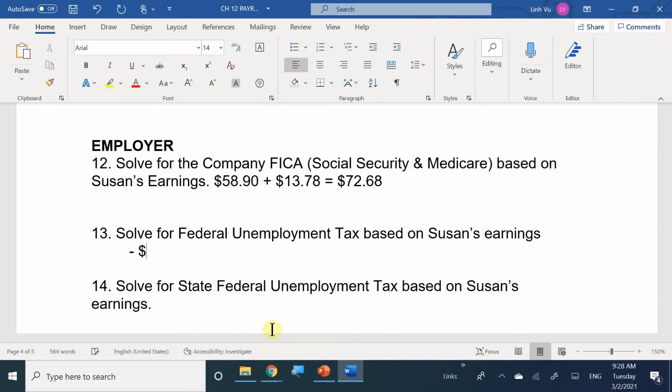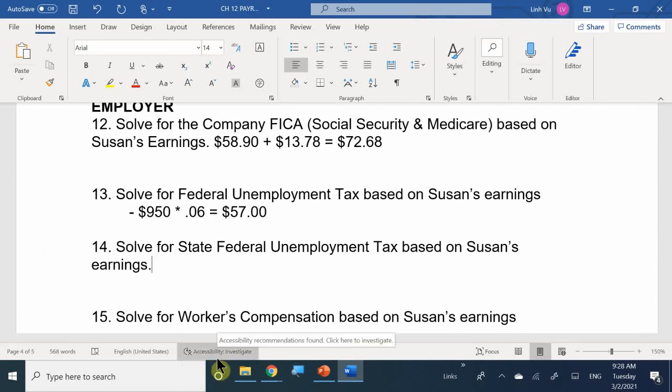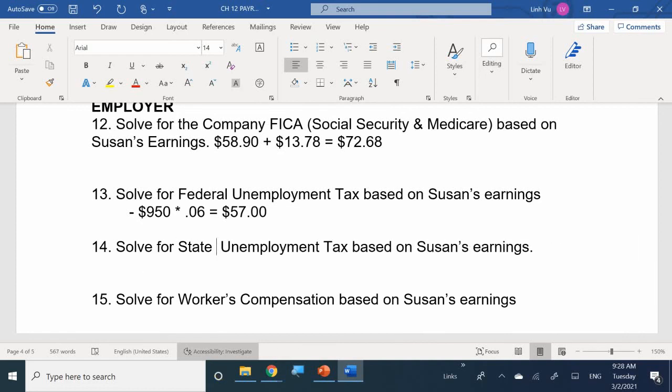How much is the federal unemployment tax? She's made a total of $950 times 0.6%. How much is that? $5.70. And then solve for the state unemployment. She's earned $950 times 0.3%. How much is that? $28.50.